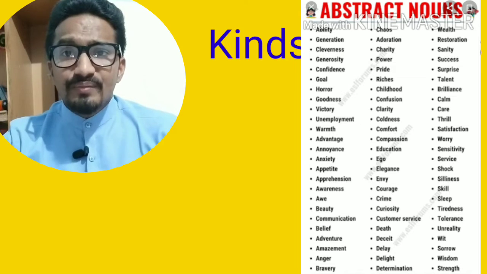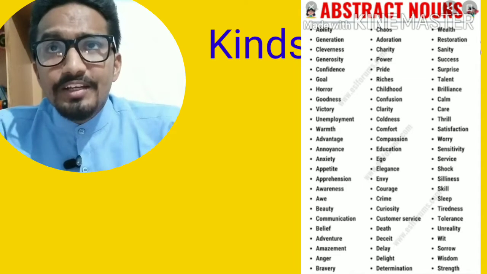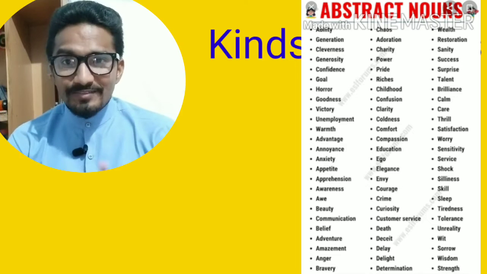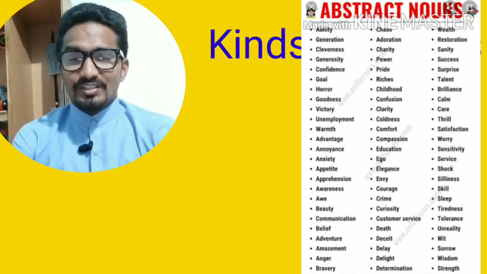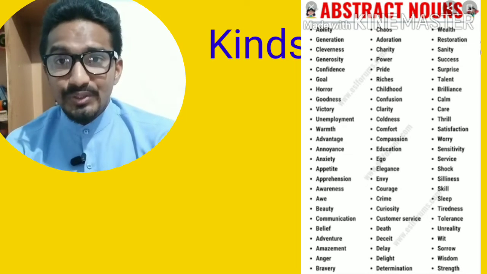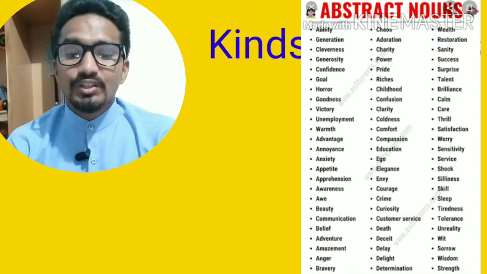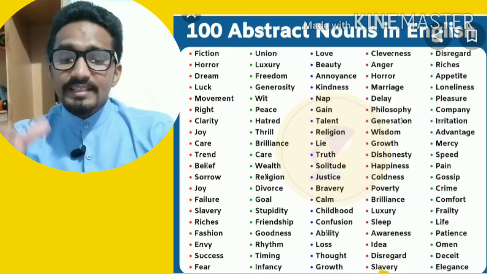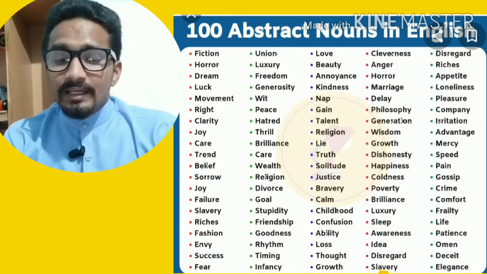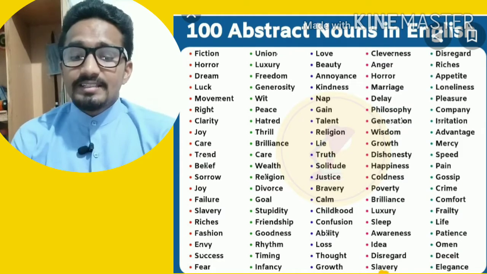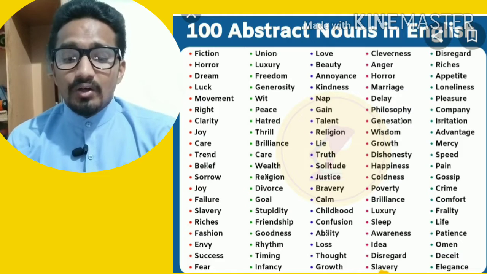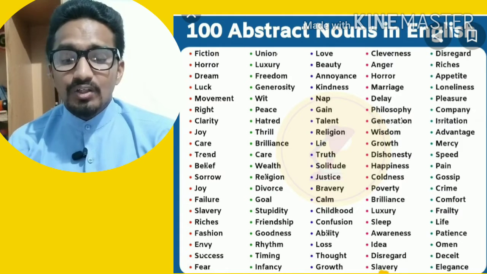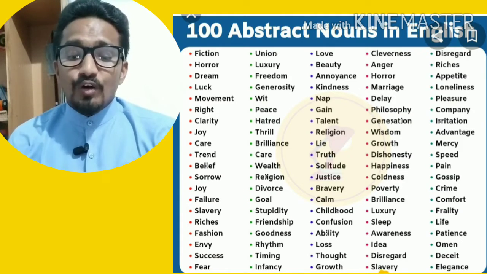Some examples of abstract nouns: honesty, love, beauty, etc. Goodness, kindness, witness, darkness, hardness, wisdom, bravery are abstract nouns of quality.